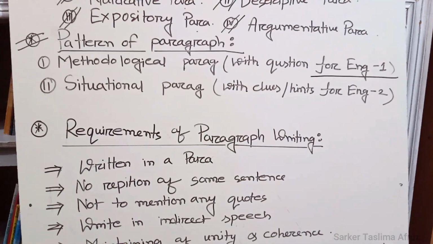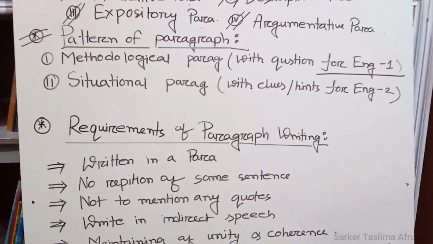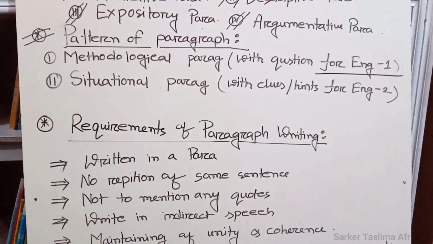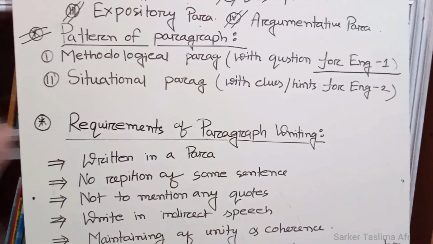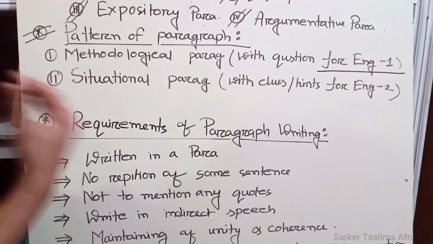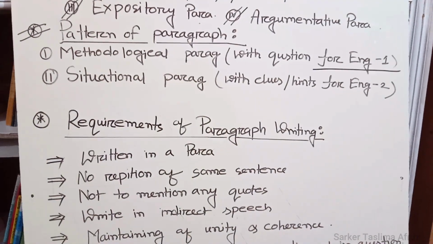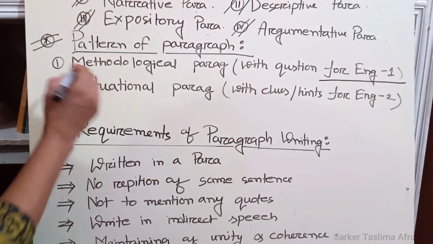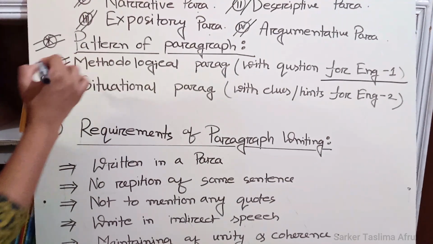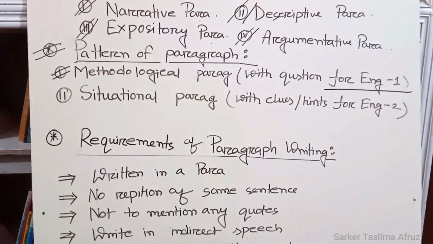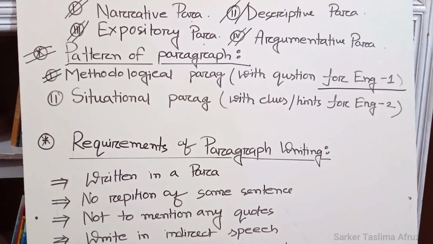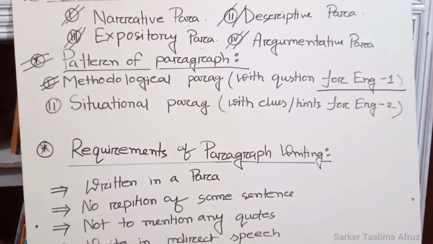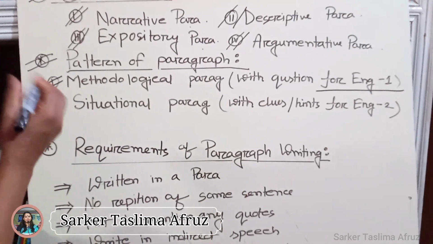Here you will find some questions, and you have to answer all the questions, and not forget about the coherence, unity, and all the information I earlier gave you. So dear students, in your first paper examination, you will find a topic which will be a methodological paragraph, and there will be maybe 5 or 6 questions, and you have to answer all the questions.